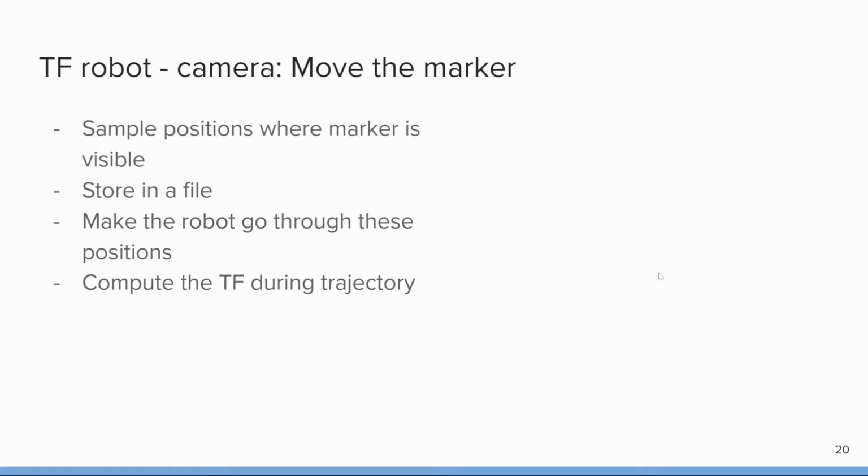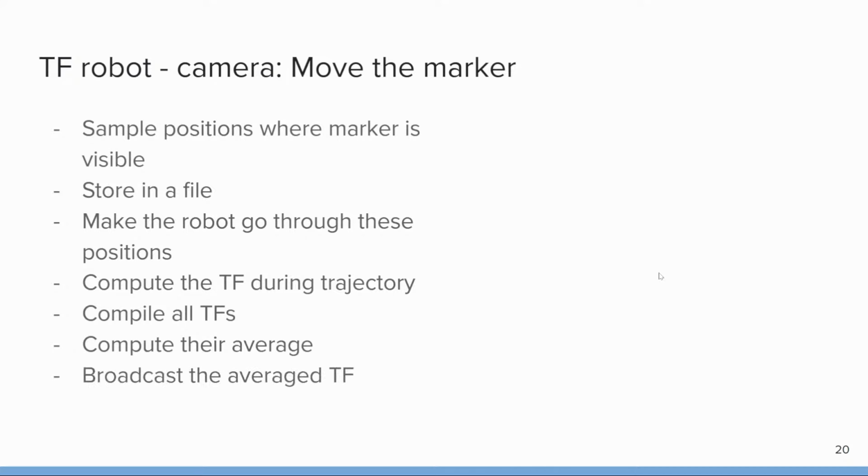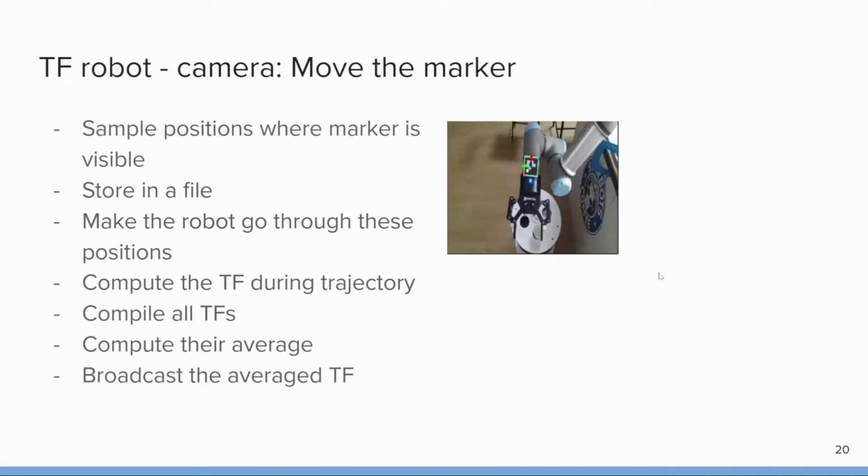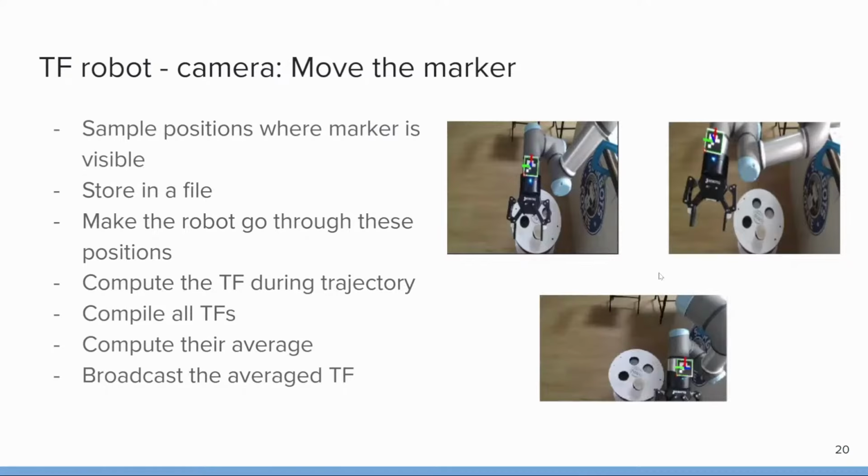At each stop of the robot, I compute the TF during the whole trajectory. After that, I compile all of the TFs inside a text file, compute their average and broadcast it. I used the MoveIt tool to move the robot a bit to the right, center, and then a bit to the left, going through all of these motions.